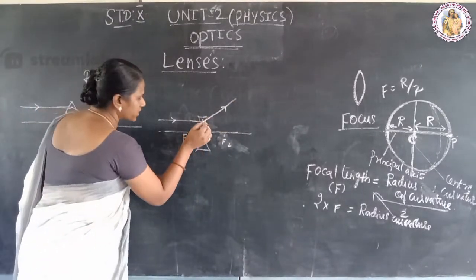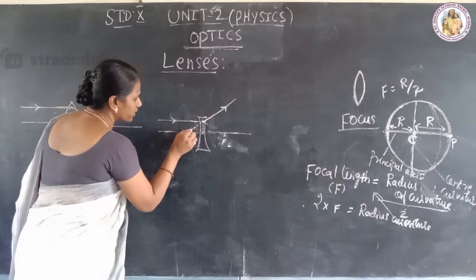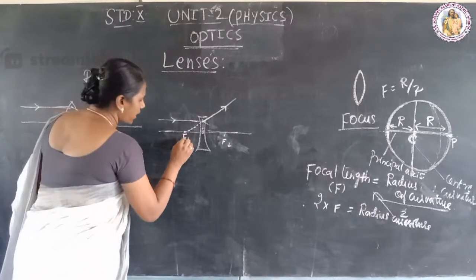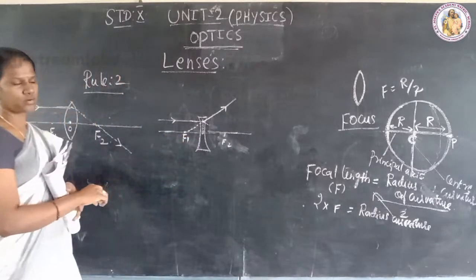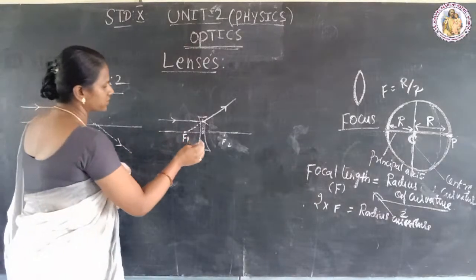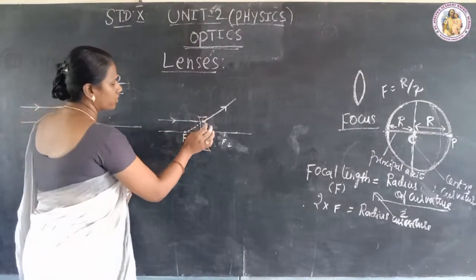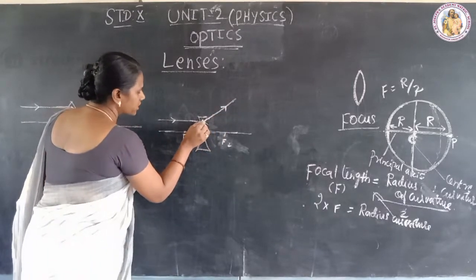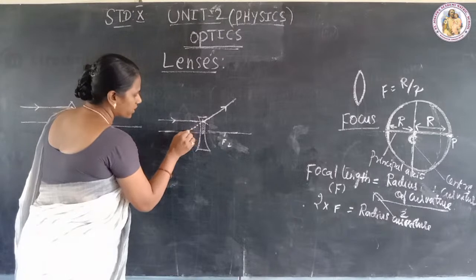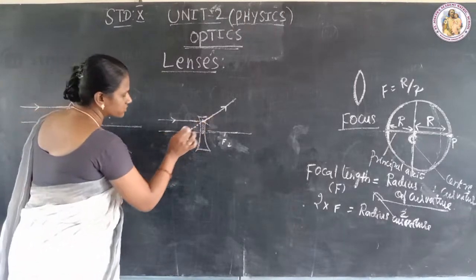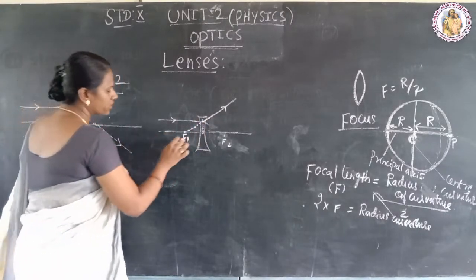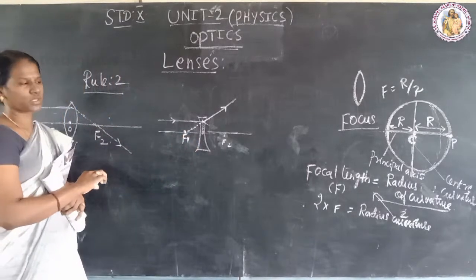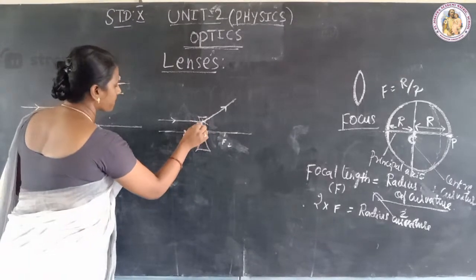If we extend the lines backward to where they meet, they meet at F1. In the case of refraction in a concave lens, after diverging, the divergent rays should be extended backward, and there the image is formed, here at F1. It's diverging.